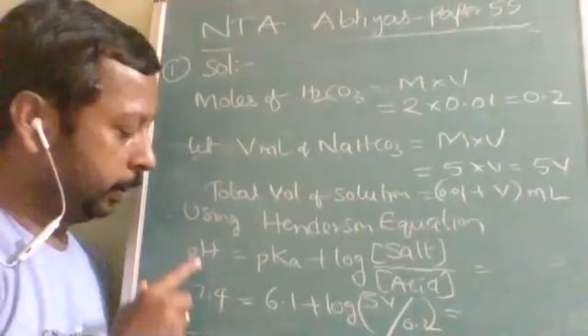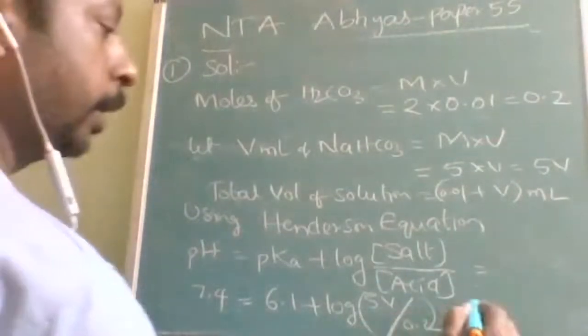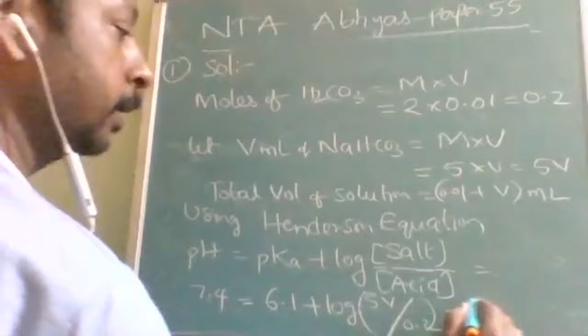So this will get cancelled, and I have directly written 5V divided by 0.2. In the entire equation there is only one unknown value. What is that unknown value? V. If we simplify V, we will get it as 79 milliliter.